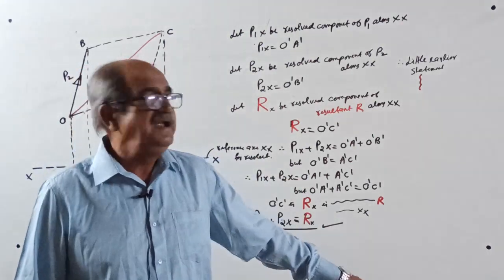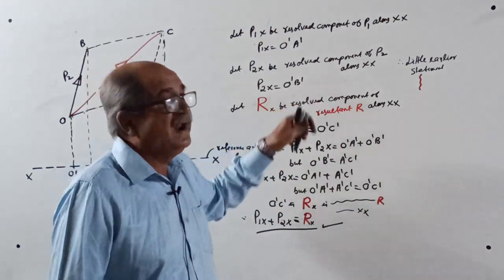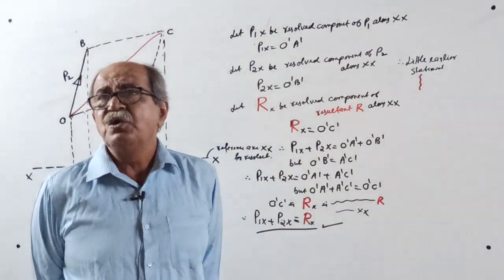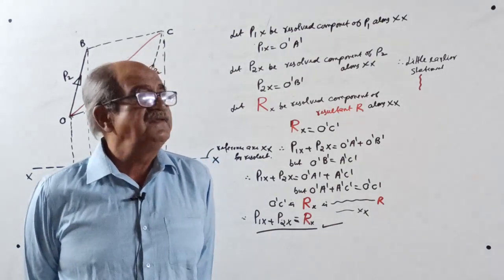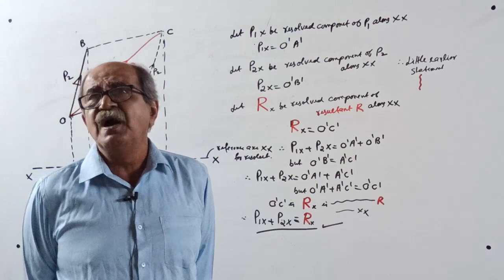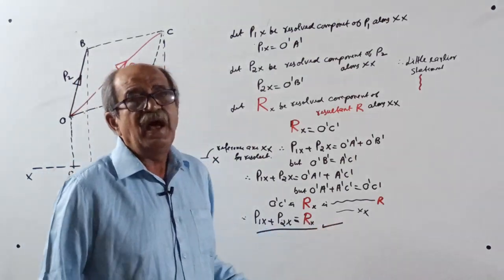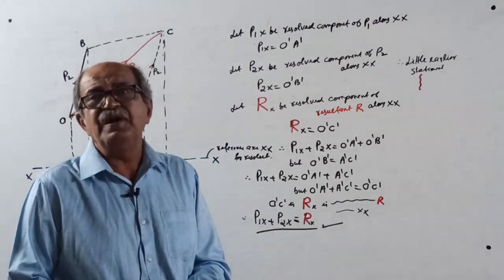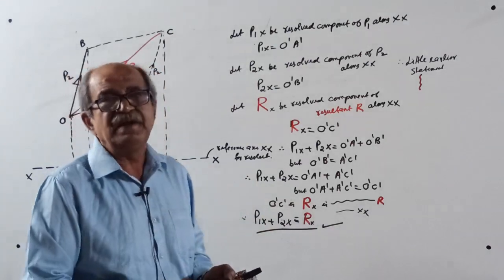Therefore, when I found the resultant for the concurrent force system, I told you that Rx, resultant R, is equal to root of sigma Fx square plus sigma Fy square. So this is the proof. Actually, I should have done this proof earlier, but I forgot. Forgot, meaning not that I forgot the theorem, because this is a well-known fact.